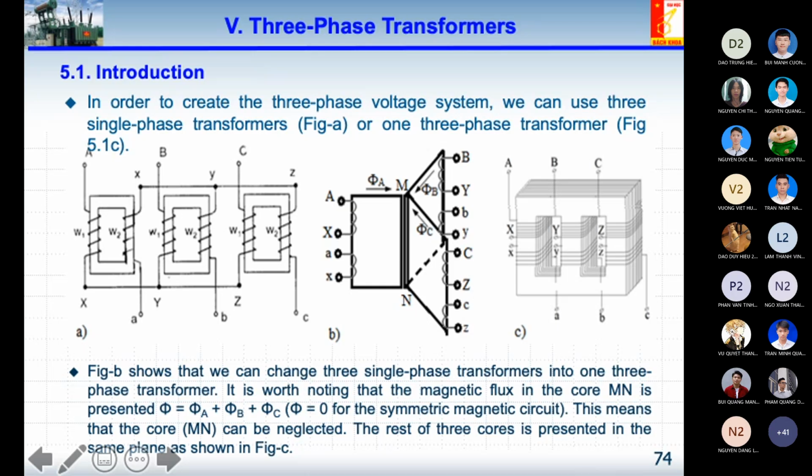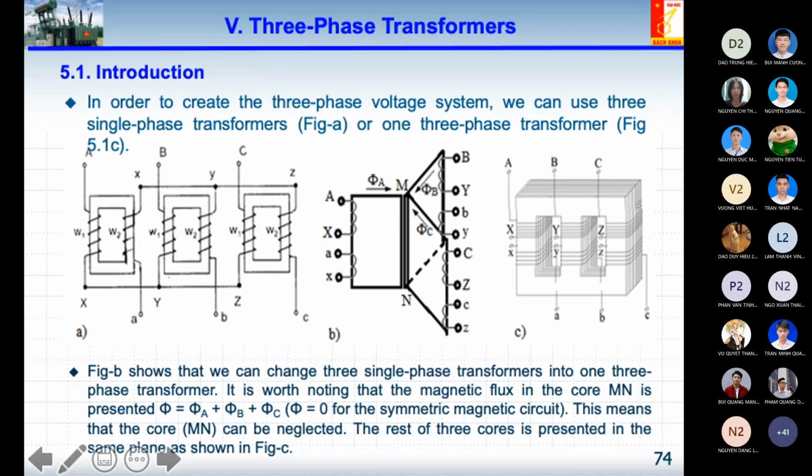Because of the symmetric magnetic circuit, phase A plus phase B plus phase C is equal to 0, and for that the central core limb can be removed.